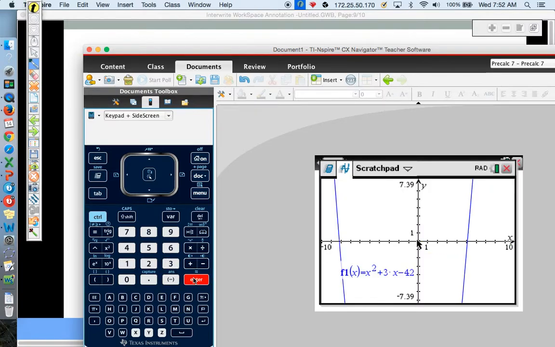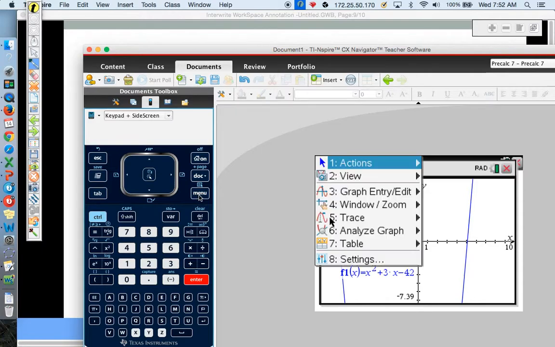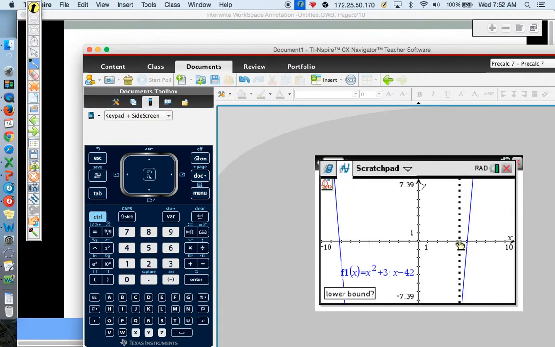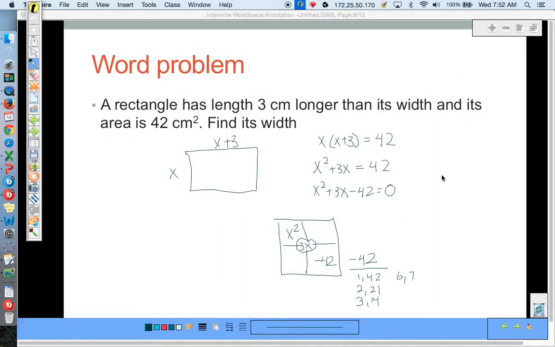Well, it crosses. Let's see. 1, 2, 3, 4, 5. I wonder if it doesn't cross at a nice point. So let's see. Analyze graph, let's find a 0. 5.15, yeah, that's why we can't factor it.